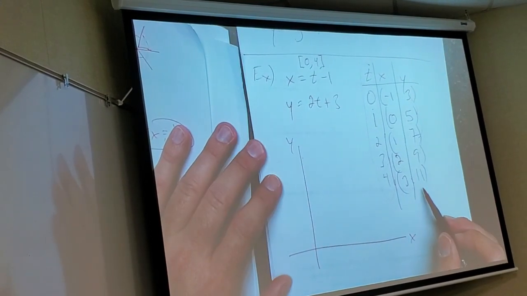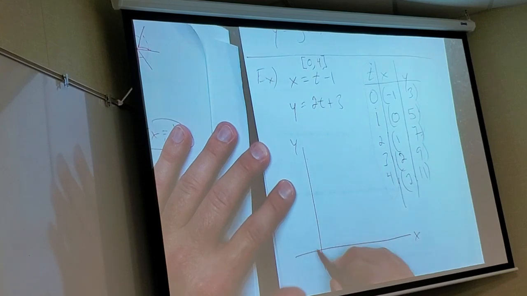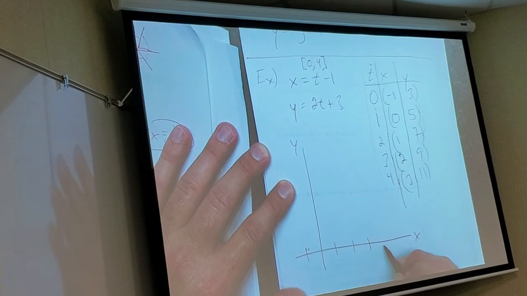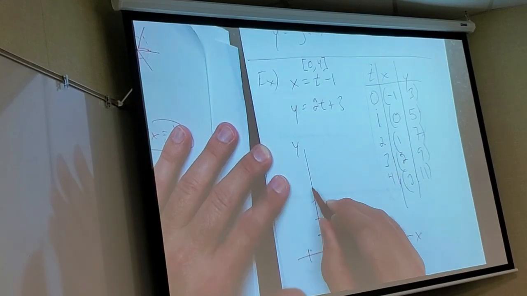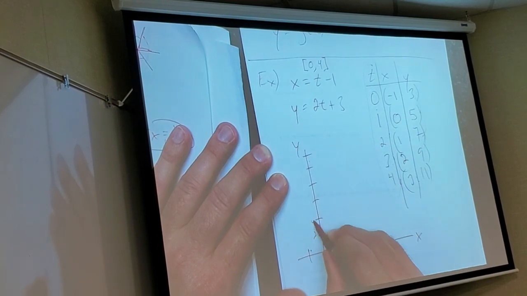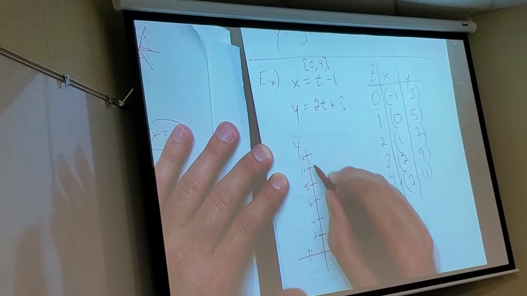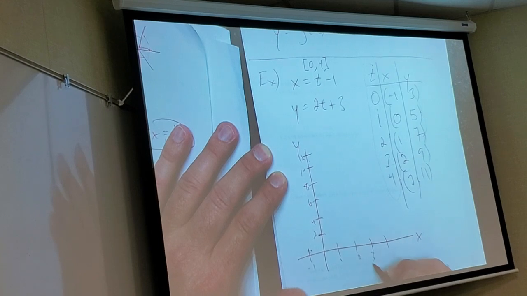Do you see that? So -1, let's make a scale here. This could be nice, -1, 1, 2, 3, 4. And then this would be, let's say, 2, 4, 6, 8, 10, 12. It's almost a good scale. Okay.